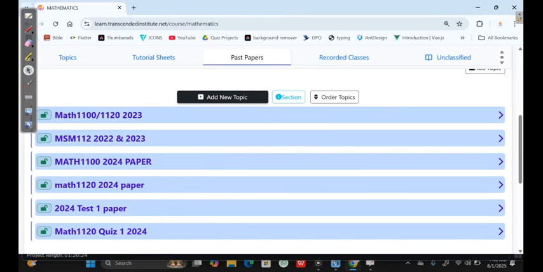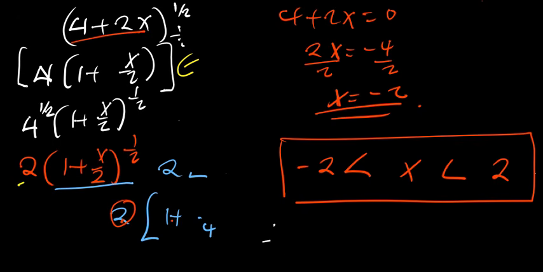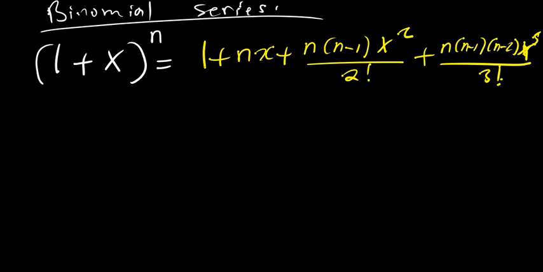Okay, back to the class. x over 2 raised to the power -1, in ascending powers of x up to and including the term x to the power 3. They'll always tell you to say including x to the power 3. So they want you to find the first term, second, third, fourth.